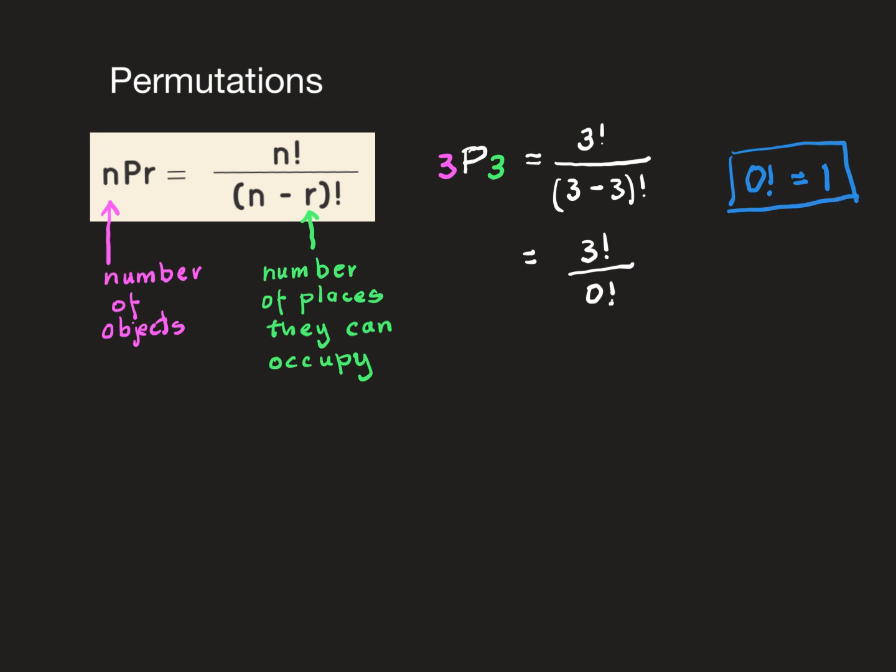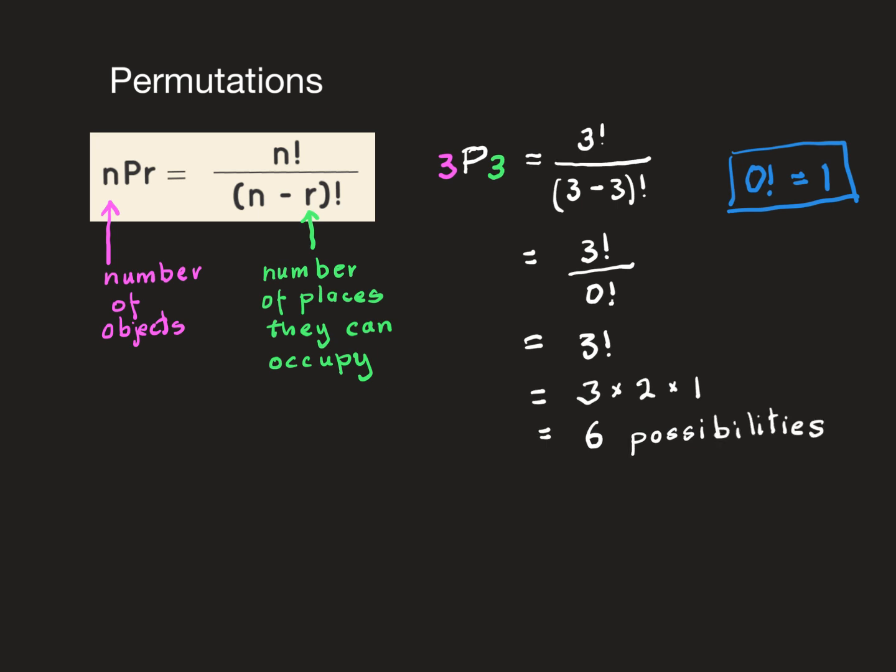So in other words, we have factorial 3. Now factorial 3 means that we're multiplying 3 by 2 and multiplying it by 1, and the answer will be 6 possibilities. And this is exactly what we got.